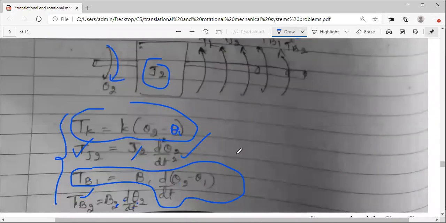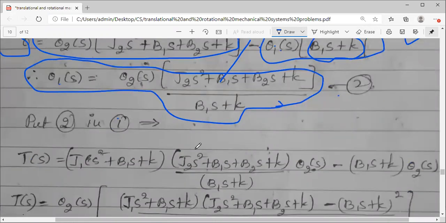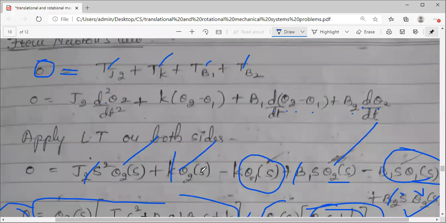That we can get from this equation. So in place of theta 1 you can substitute this. Substitute that equation 2 in equation 1. So theta 2, this complete value, whatever this is for theta 1. I have substituted the theta 1 value, and the remaining this term minus this term is as it is.